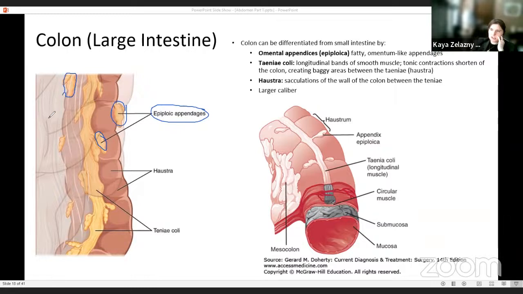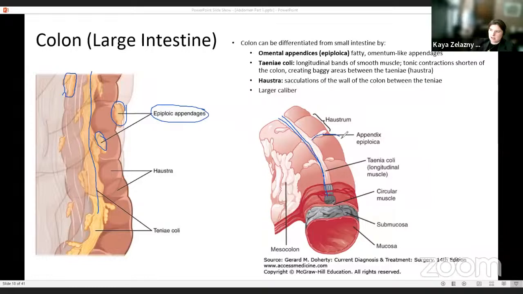Another thing you see on the large intestine that you don't on the small intestine is this kind of line down the center. This is actually longitudinal bands of smooth muscle. When it contracts, it's going to shorten the colon, which creates a sort of bagging area.